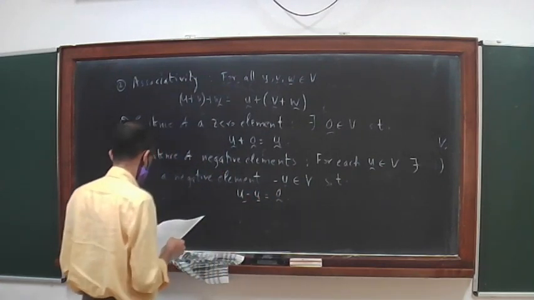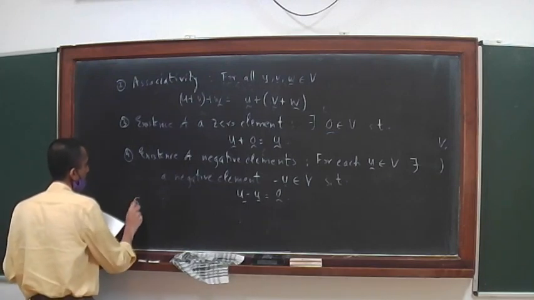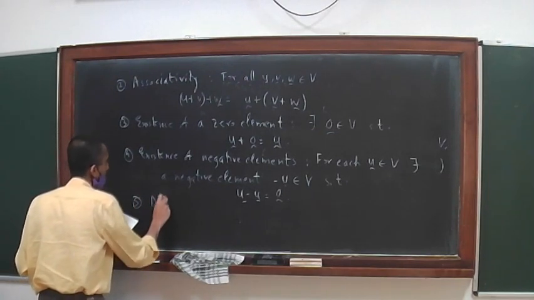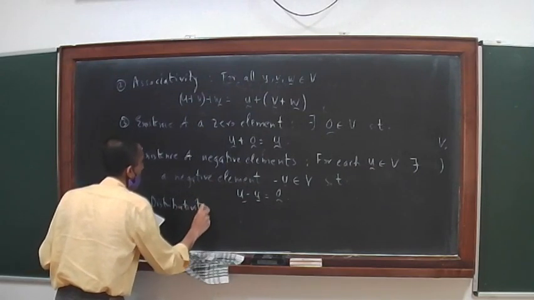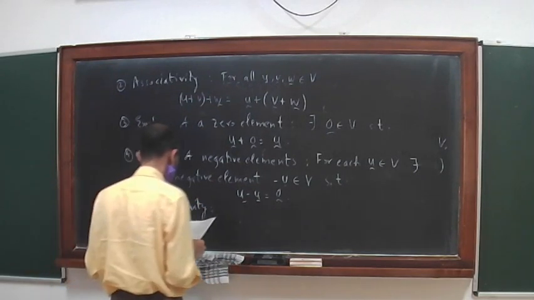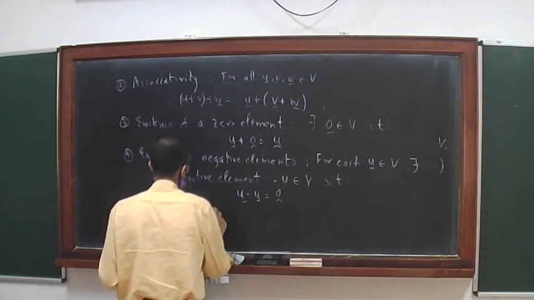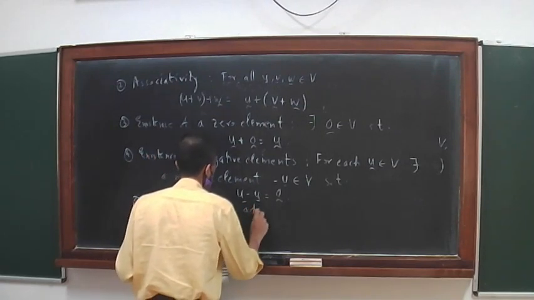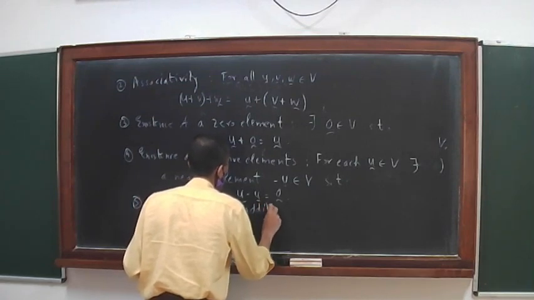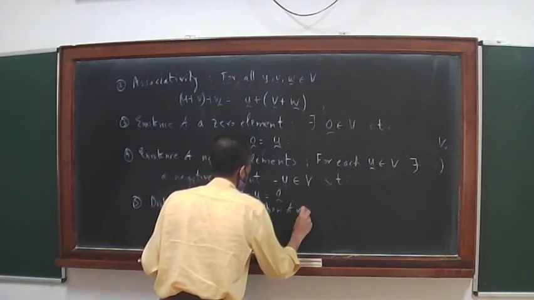Then the fifth is distributivity with respect to addition of vectors.